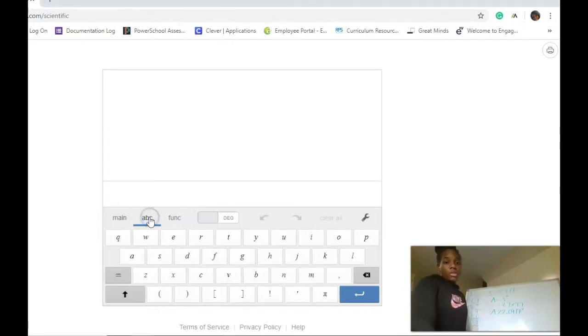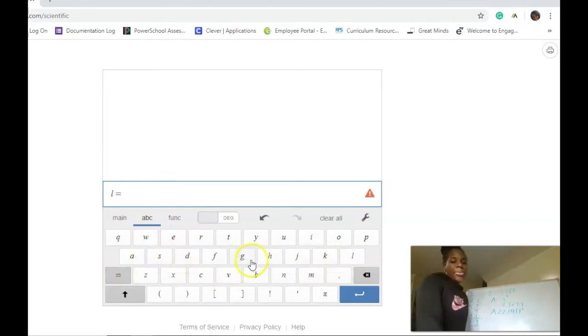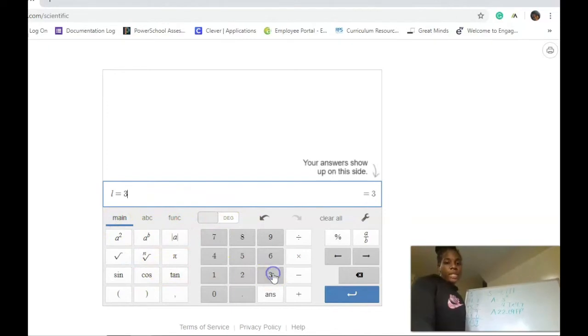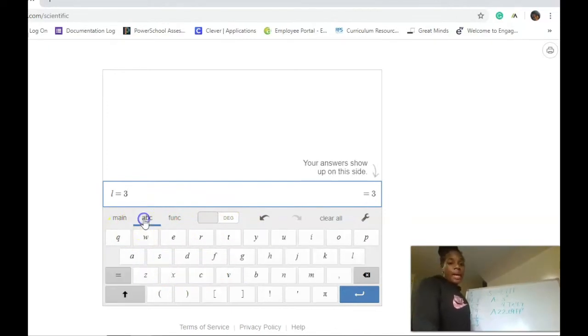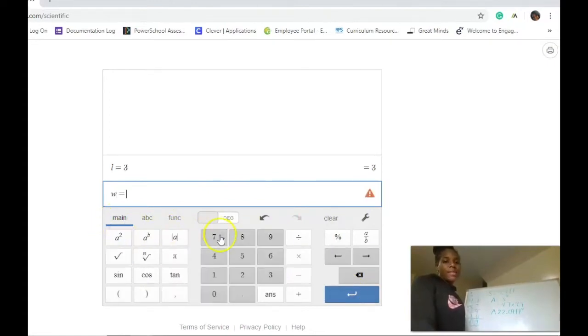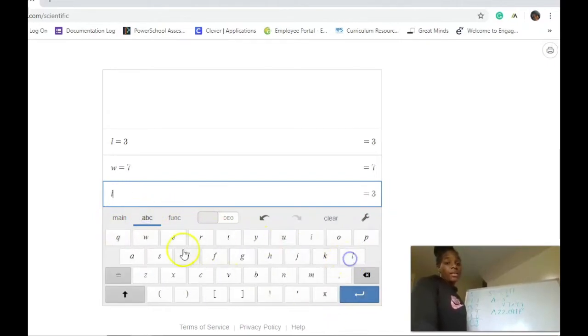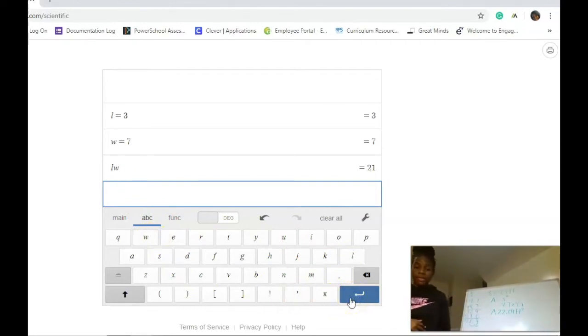And then we'll get the same answer that we did prior to. So if I say that the letter L is equal to 3, now this is for the rectangle, I have to hit enter first. Then I say that W was equal to 7 and hit enter. I can just use the letters L and W in the calculator and it gives us the same exact answer. If I want to program a different set of numbers, I can hit clear.